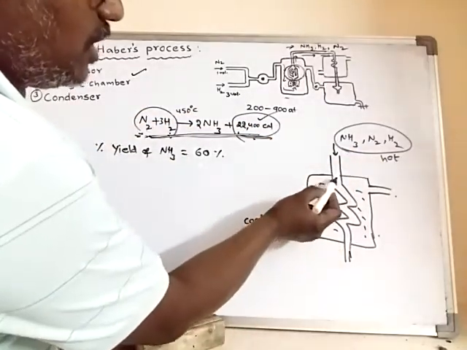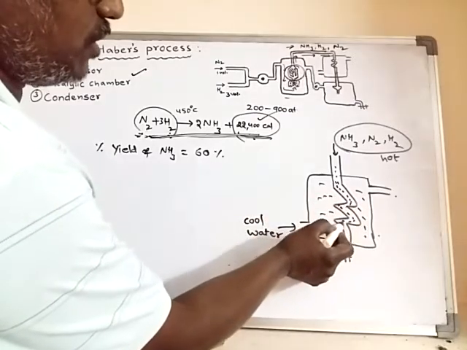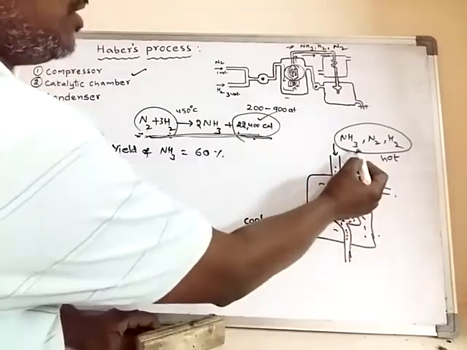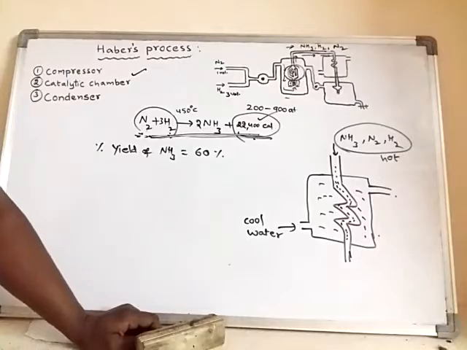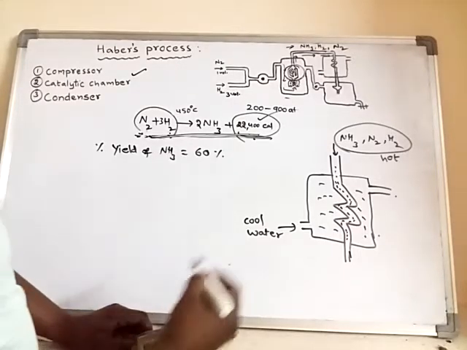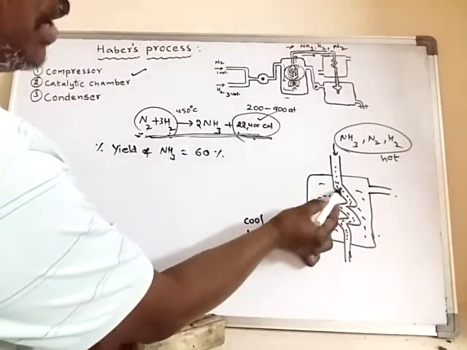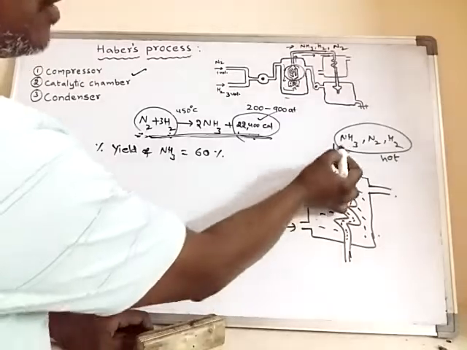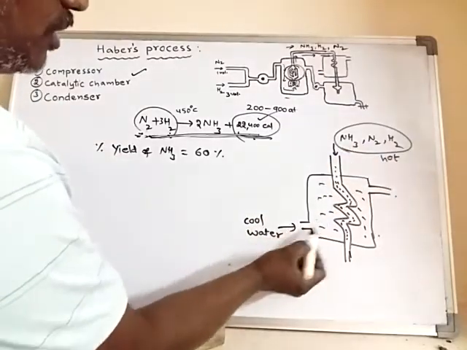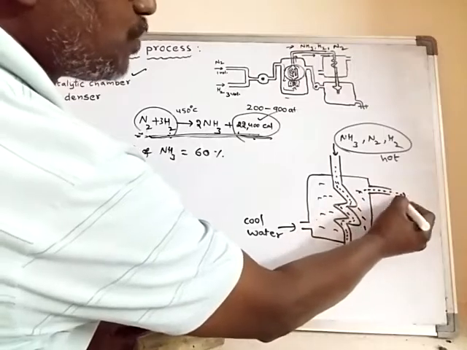When these hot gases enter into the condenser, they will become cool. Cooling of these gases takes place. Now what happens? This cool water will absorb the heat energy from these gases, and this water will get hot, and now this water will leave through this pipe.